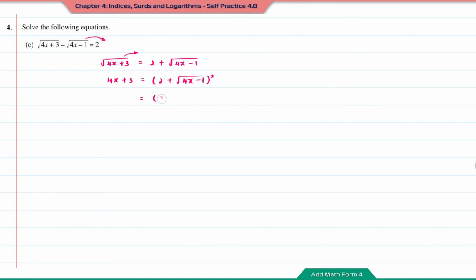Alright, so for the right hand side, we are going to expand it. So first, this number 2 with this number 2 will give you the answer of 4. So the next one will be 2 times the square root of 4x minus 1, which is 2 square root 4x minus 1. Here will give you the same answer as well.